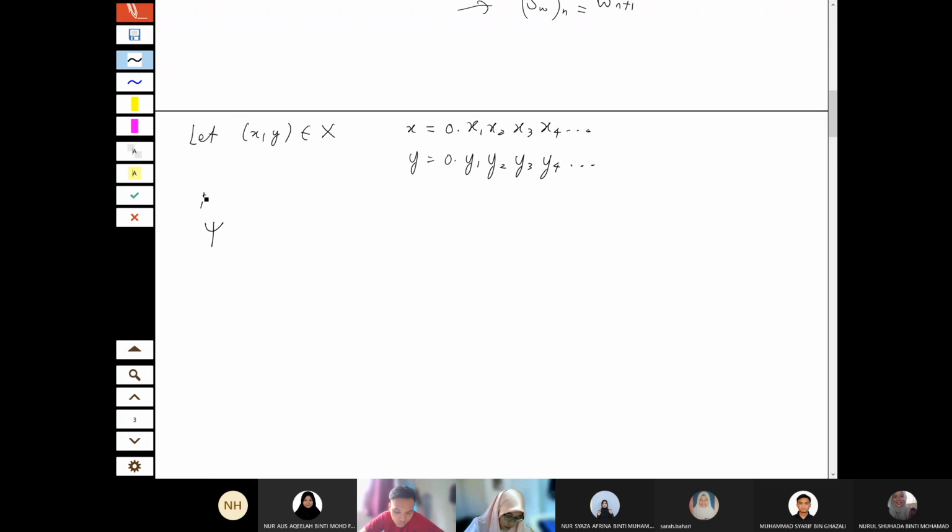We define psi from X to Y. That means the coordinate (x,y) can be rewritten as (0.x1 x2 x3 and so on, comma, 0.y1 y2 y3 and so on).